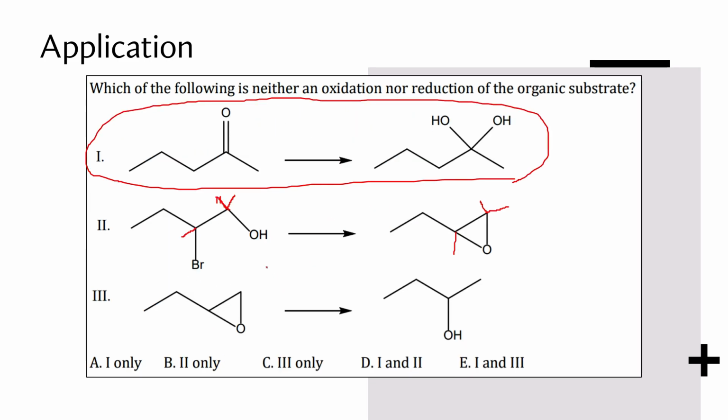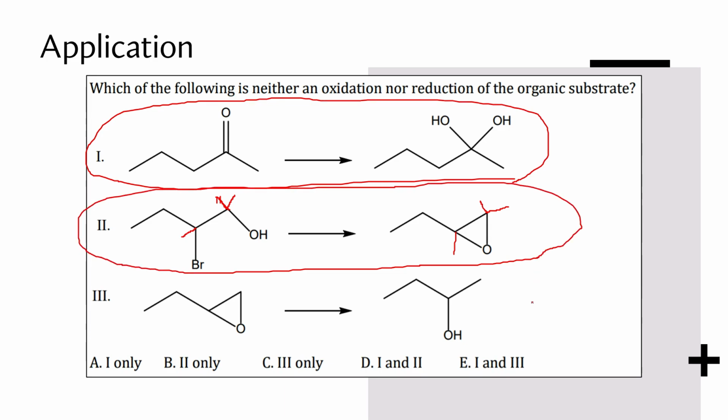We looky here, and we have this epoxide formation, and we can see that it is in fact still the -2 plus the 1, the -2 plus the 1, and then we have the -1 plus 1, -1 plus 1. Okay? So this is also going to be neither reduction nor an oxidation.